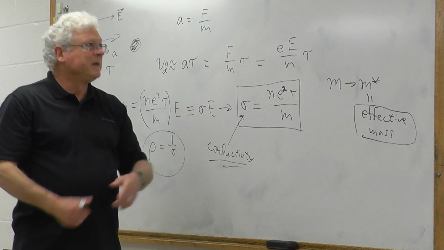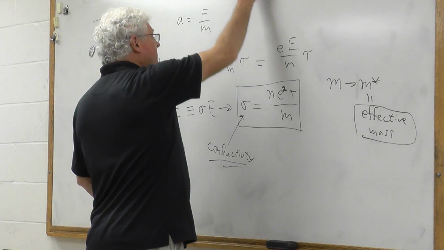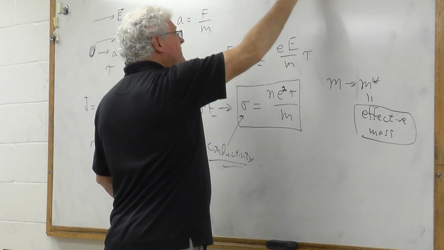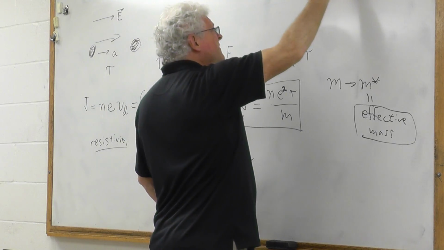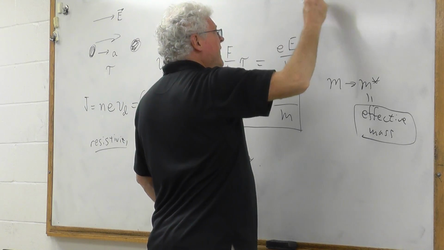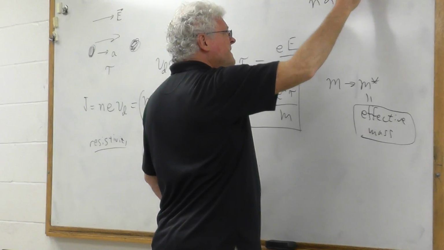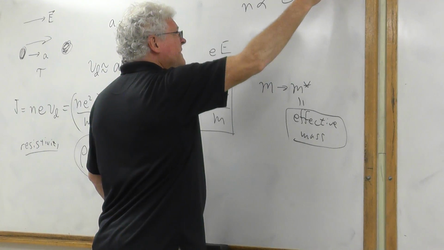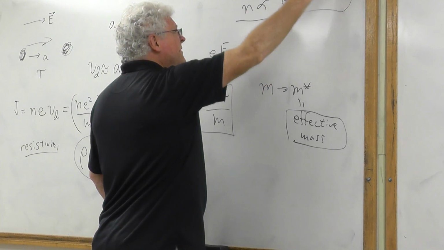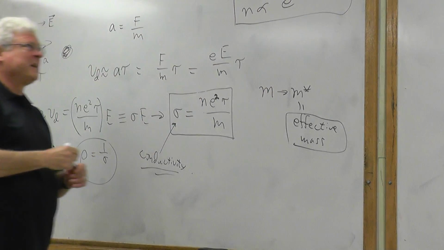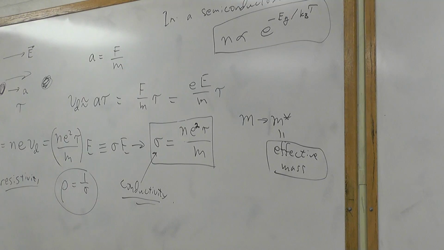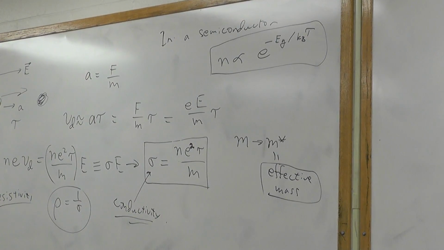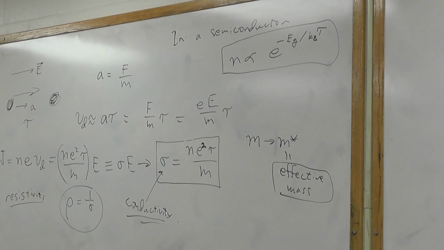In a semiconductor, N is going to be proportional to e to the minus band gap energy divided by kT, because you have to overcome that energy gap, E sub G, to thermally excite these carriers.